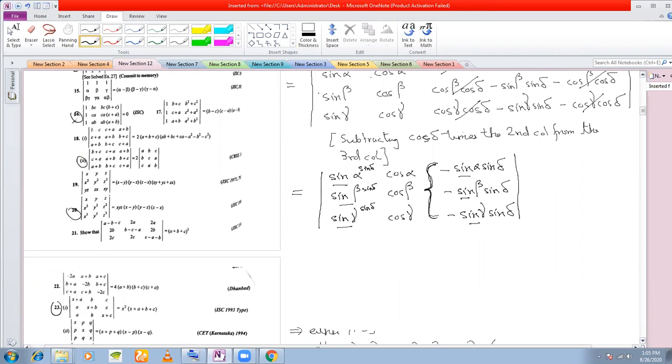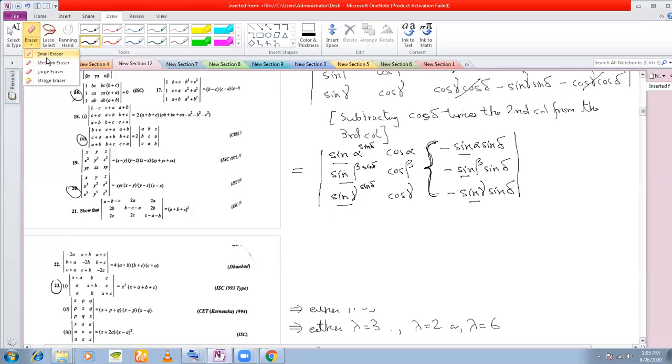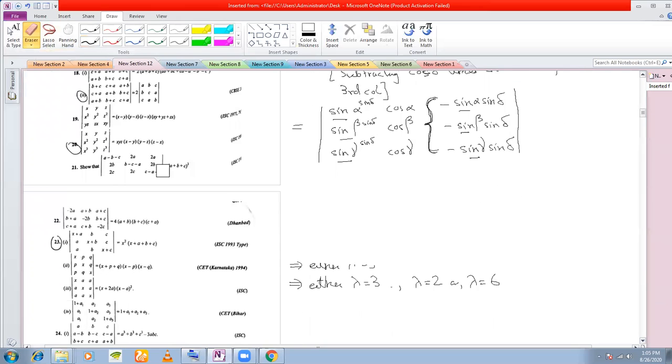So that is what we do. You just erase this. So we multiply the first column by sin delta in our mind, and then we subtract.